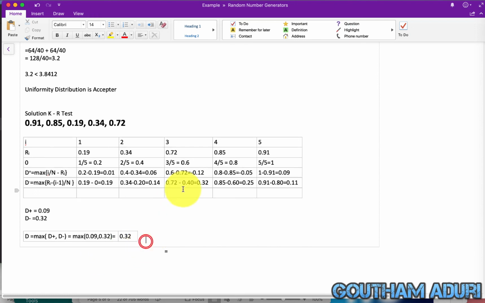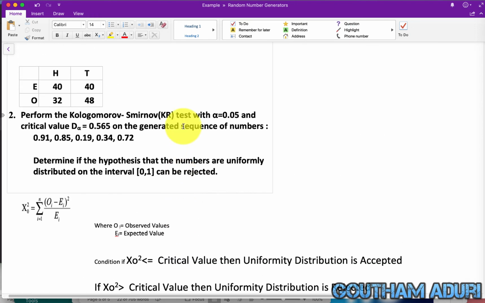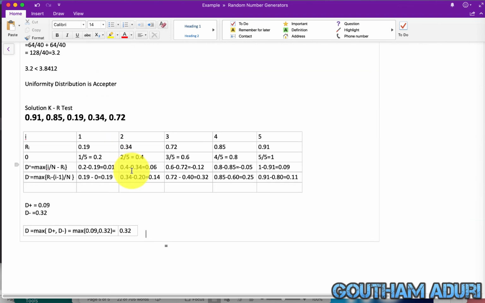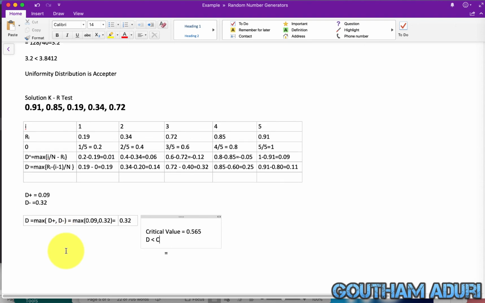The critical value given in the question is 0.565. So now I need to check: if D is less than the critical value, then the uniformity test is accepted.